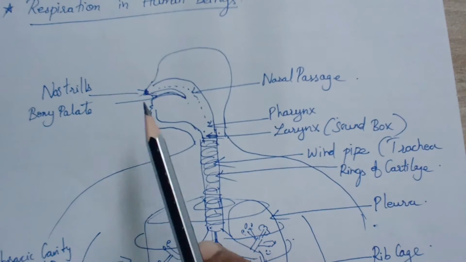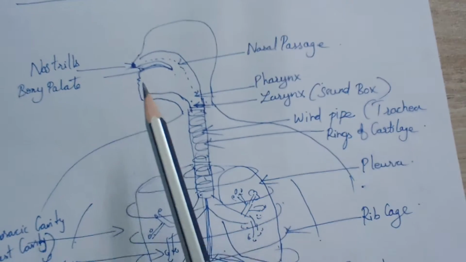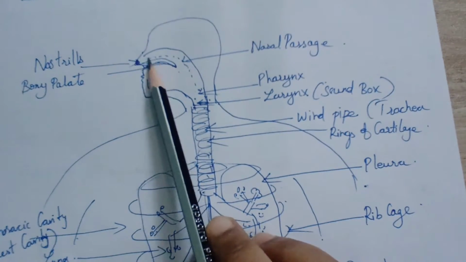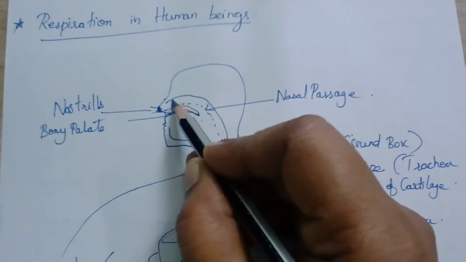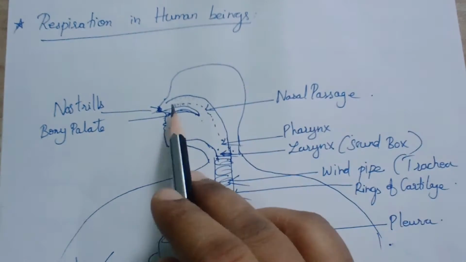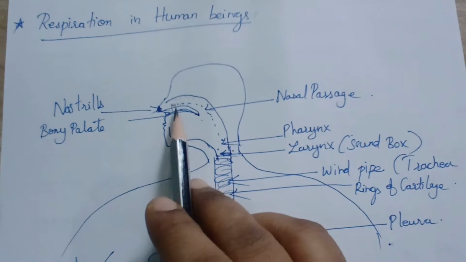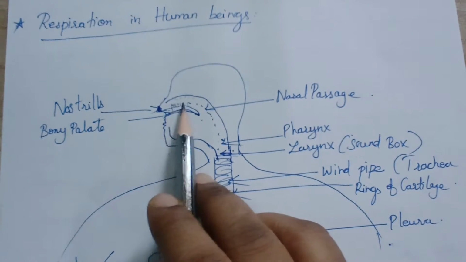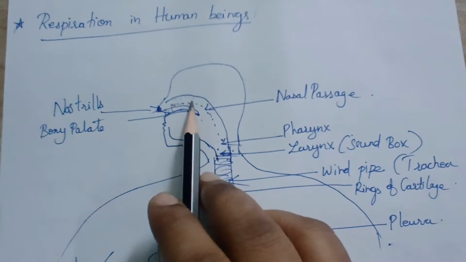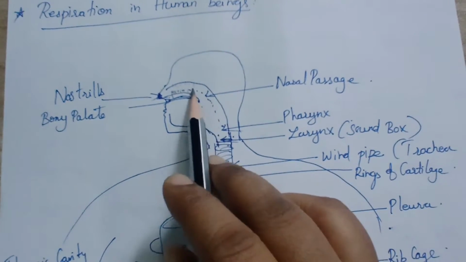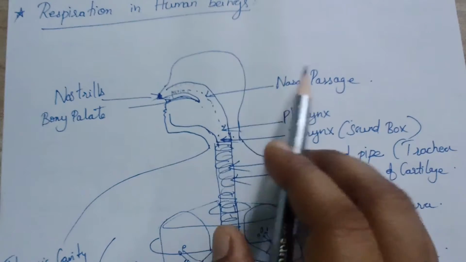Air enters these nostrils, and you will have some fine hairs and mucus in them. This hair helps to filter the air. Any dust particles will be filtered here, and pure air will enter through the nasal passage. This is the nasal passage.